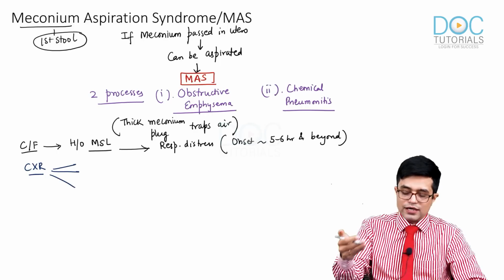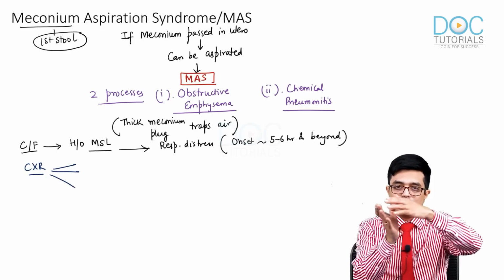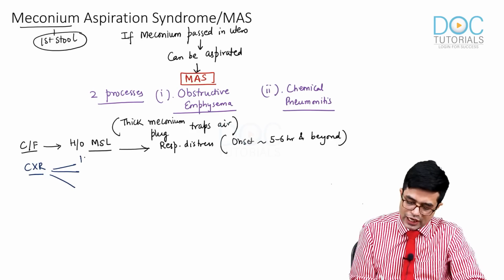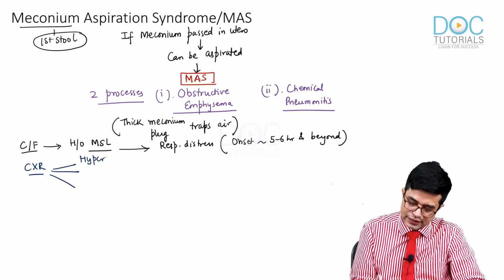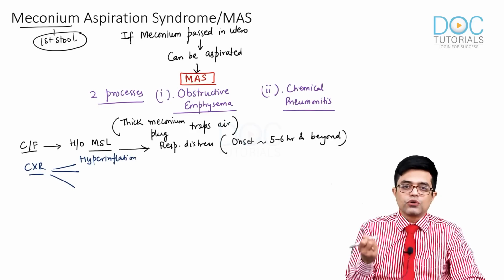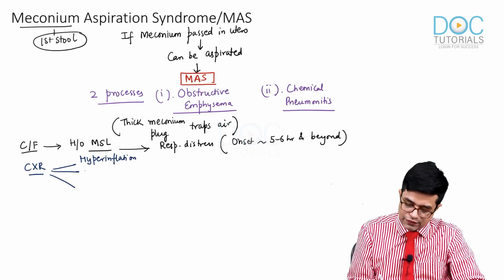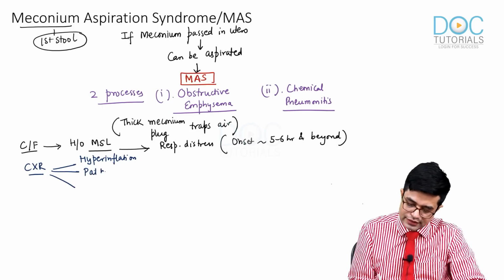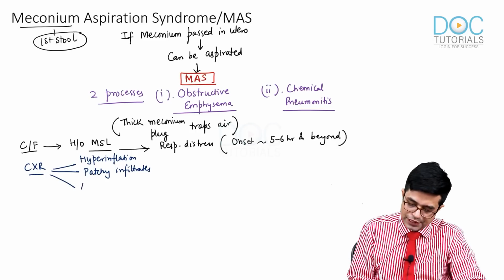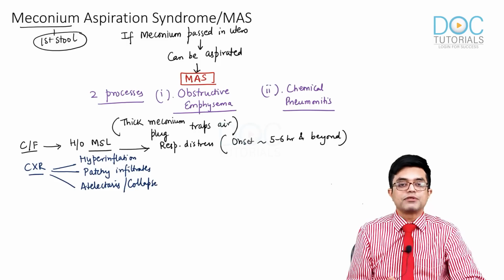Due to air trapping, obstructive emphysema, the lung will be overexpanded, so hyperinflation of the lung will be seen. Due to chemical pneumonitis, you will find patchy infiltrates. And if nothing else is done, sometimes there will be collapse or atelectasis of some segments.